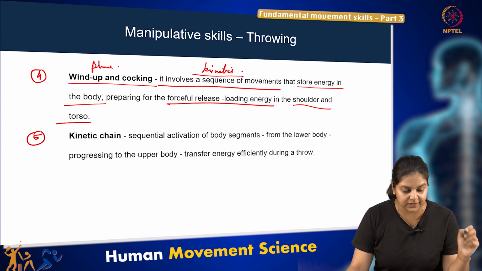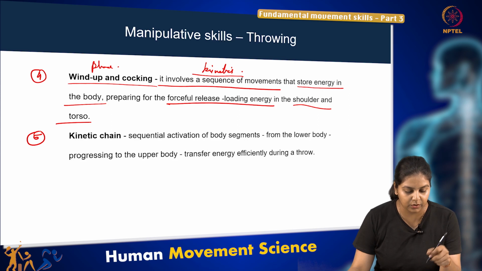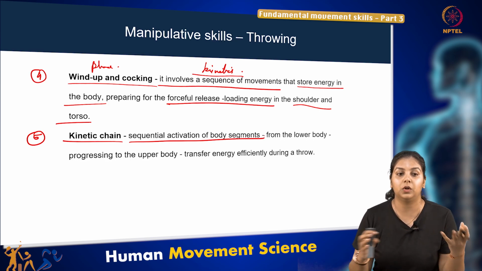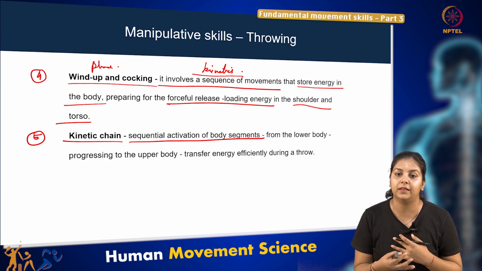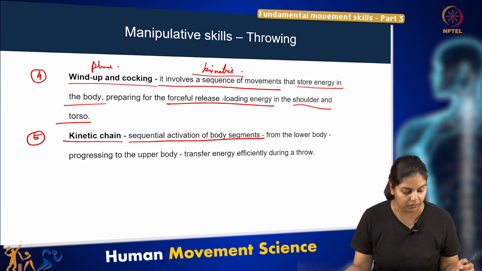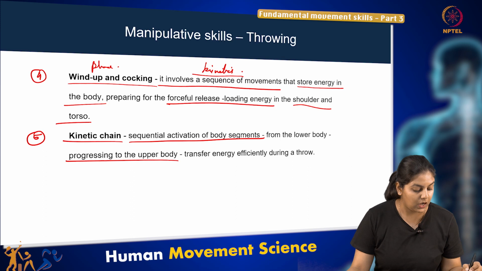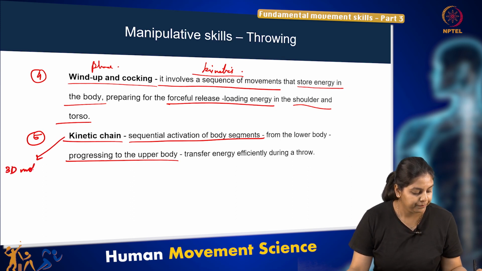So progressing from that, looking at the kinetics, the kinetic chain is where the sequential activation happens from the lower body, progressing into the upper body, and then finally into the throw, right? So it's important for us to understand this kinetic chain. How would you study this? This would be 3D motion analysis.